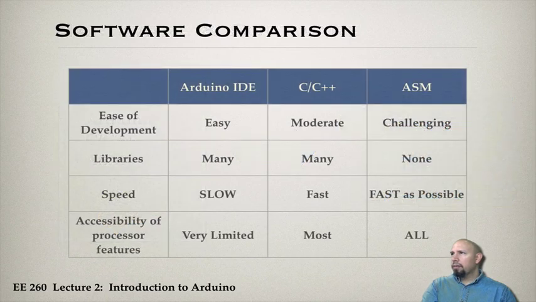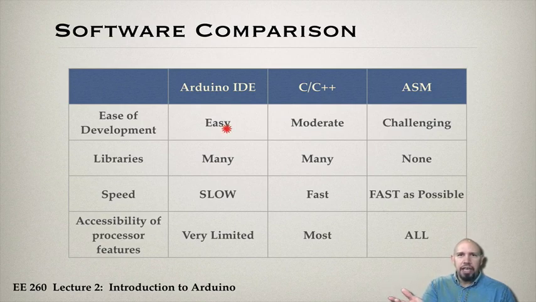So here are some comparisons between the different types of software that we will be using: the Arduino IDE, C, C++, and assembly. Okay, so we have these different things that can be used to assess the various forms of software. So in terms of ease of development, the Arduino IDE is easy. It was purposely designed to be easy enough for artists to use.